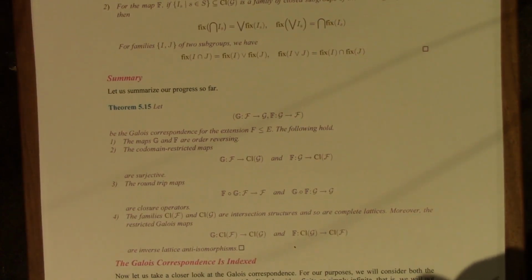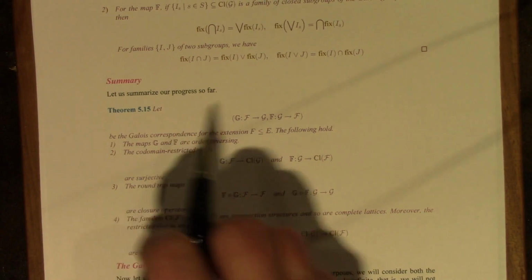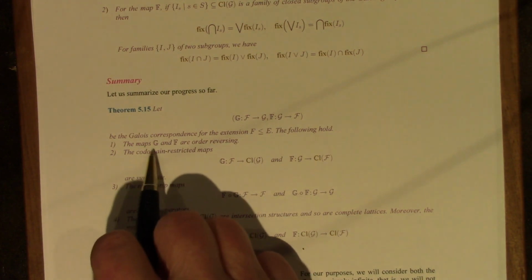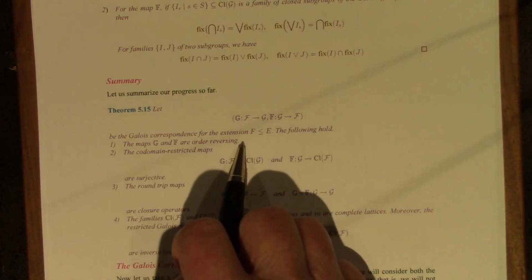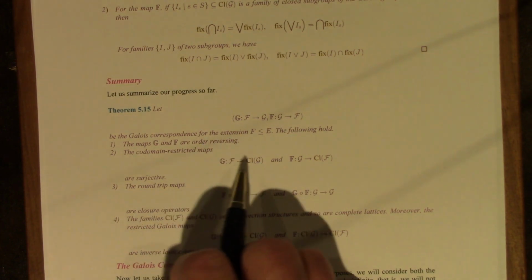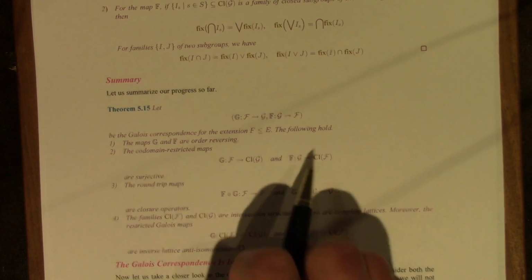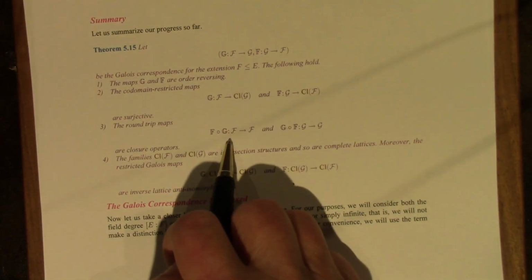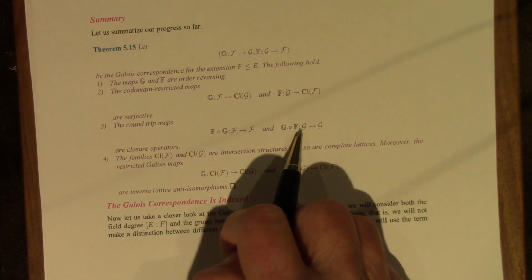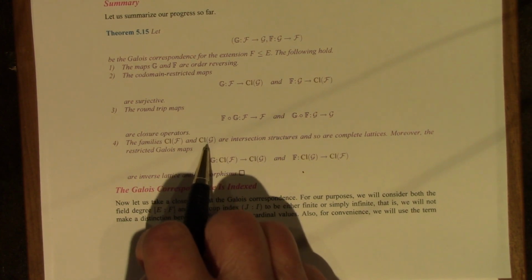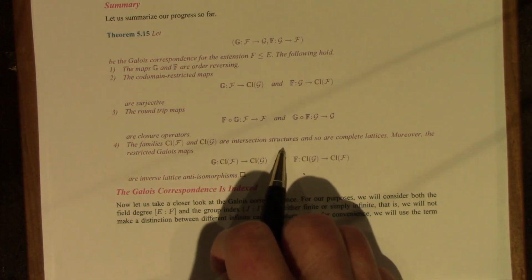We can now summarize. And actually the summary looks a lot better than what we've just been through. We have a Galois correspondence for an extension E over F. The maps G and F are order reversing. The codomain restricted maps are surjective. The round trip maps are closure operators. And finally, the families of closed elements are intersection structures.